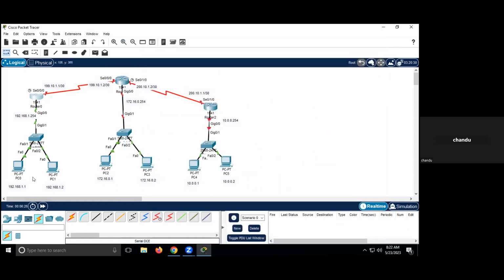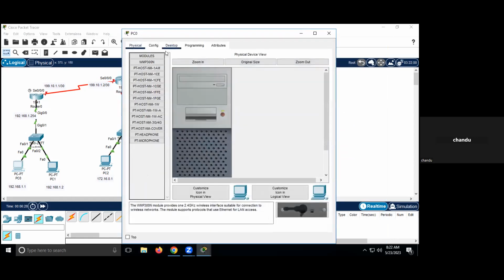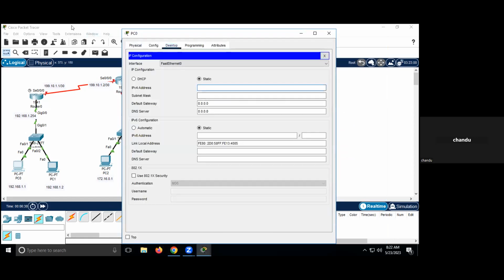Then we need to assign the IP addresses for these PCs. 192.168.1.1, gateway 192.168.1.254.